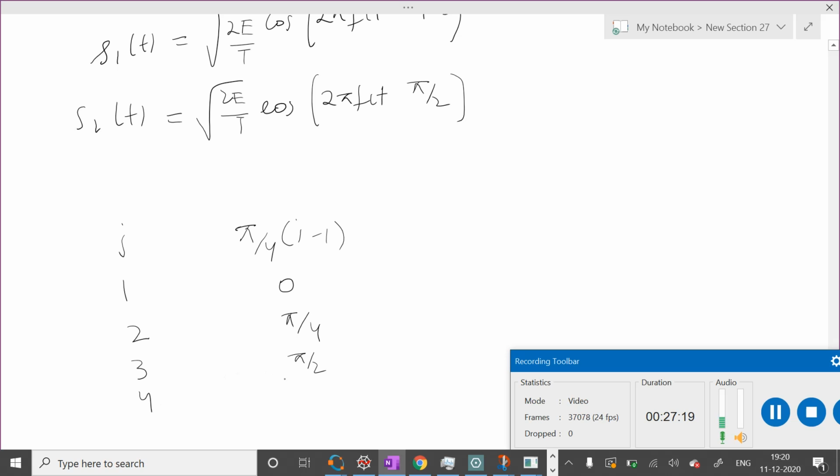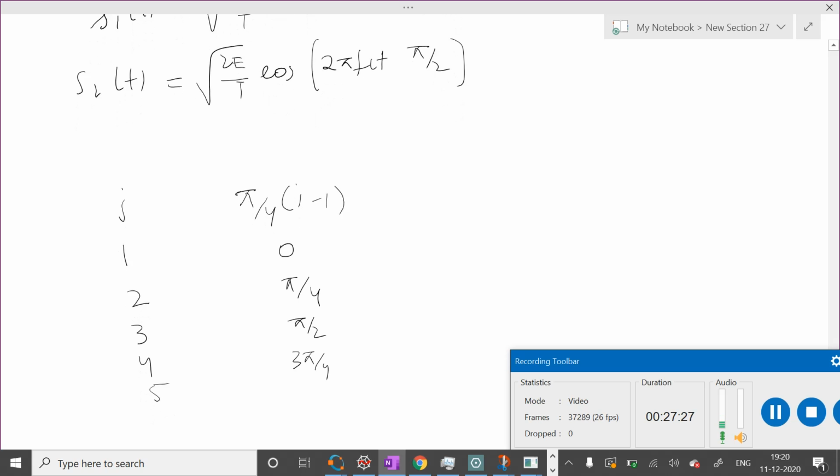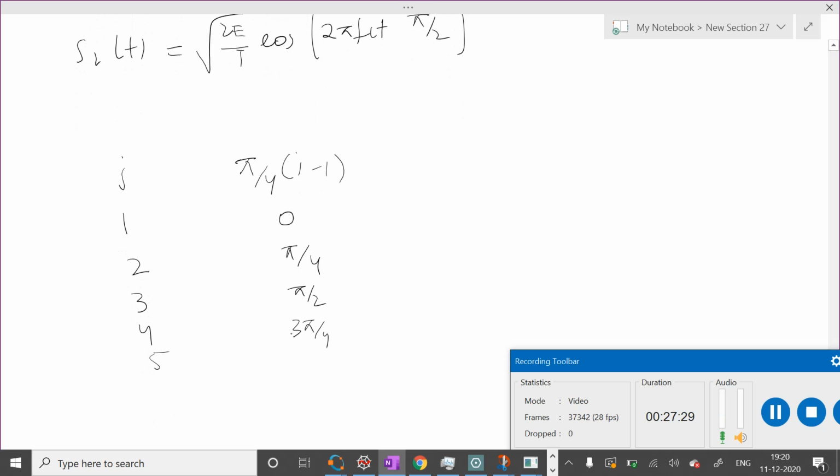I equal to 4, it becomes 3 pi by 4. I equal to 5, it becomes pi. I equal to 6, it becomes 5 pi by 4. I equal to 7, it becomes 6 pi by 4, which is 3 pi by 2. And i equal to 8, finally it becomes 7 pi by 4.